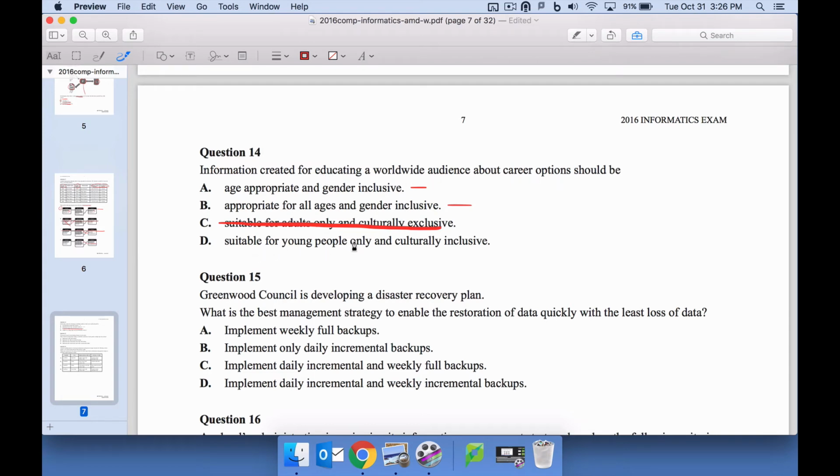Suitable for young people only and culturally inclusive. No, because it's not necessarily suitable for young people only. So it's out of these two, and the reason why it should be one or the other is because of the wording. Age appropriate versus appropriate for all ages. And the definition is age appropriate.